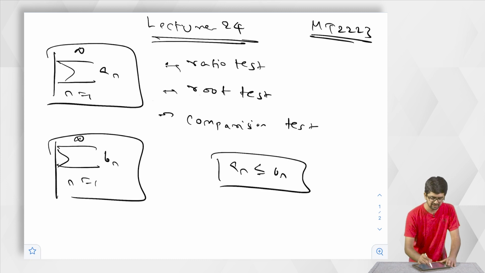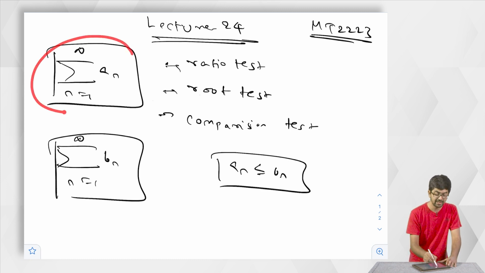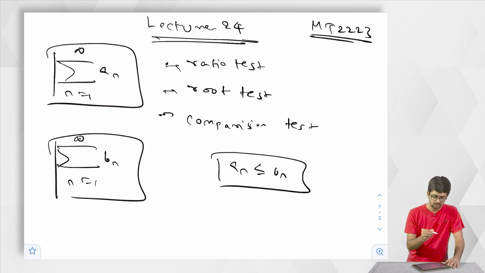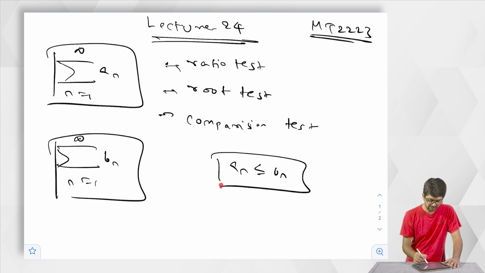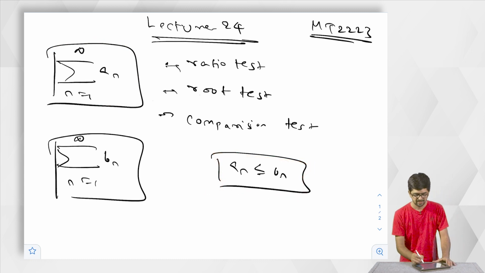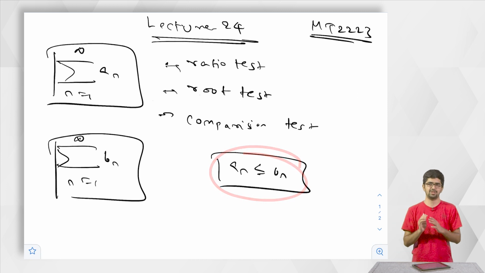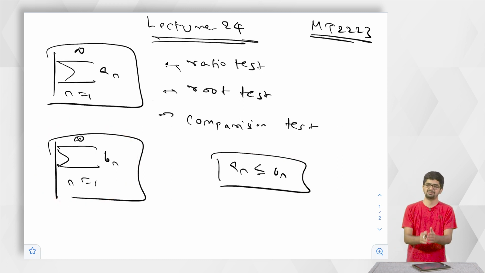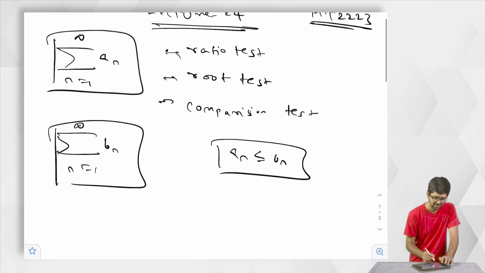Suppose I have a series summation An whose convergence I am trying to check. One thing is I can use the comparison test. For some series, it may be too difficult to even imagine what the appropriate series is. Then we need some other alternative. In any case, we are trying to compare using some other series.